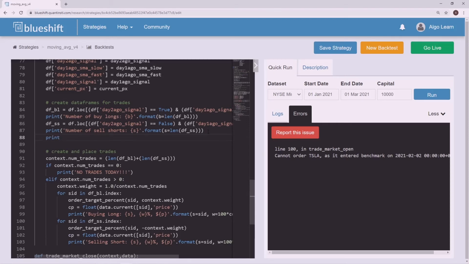So let's just take a look at Tesla. Let's print data frame, and let's do equals symbol Tesla. Okay.